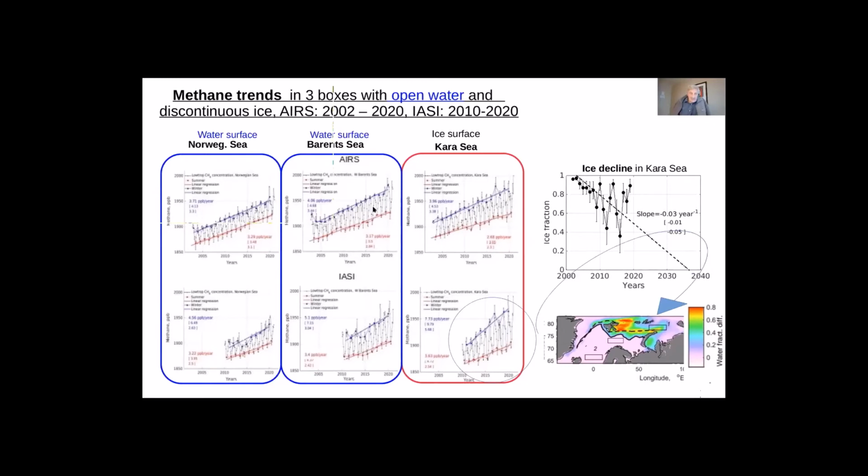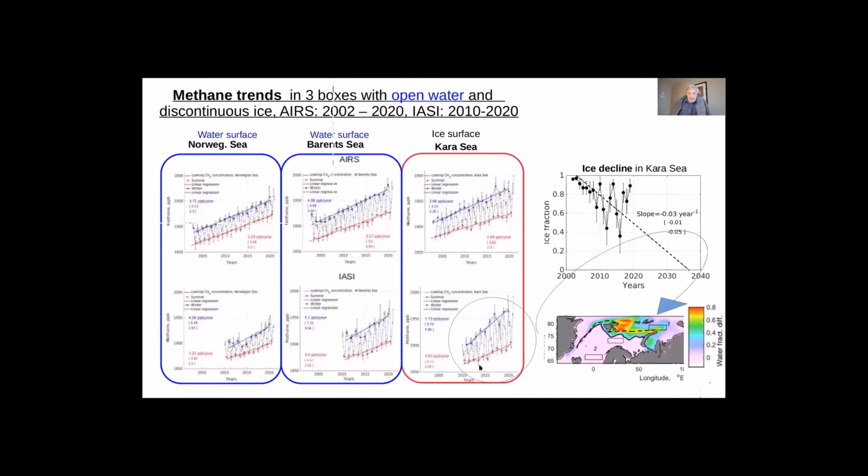In the Barents Sea, the winter trend is a little bit higher than in summer, but in Kara Sea it's more significant, and the most significant trend was calculated and observed in Kara Sea by the EASI instrument. It's twice as large in winter compared with summer.